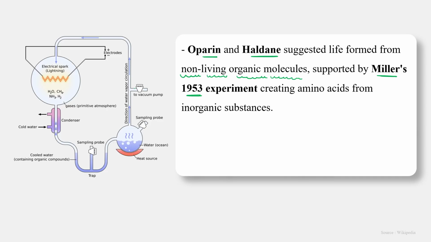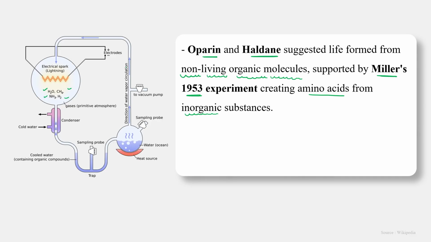Later on, Miller also supported this Oparin theory by creating amino acids from inorganic substances. How? Oparin and Haldane suggested that on the primitive earth there were many water vapors, methane, ammonia, these types of inorganic gases, and many lightning conditions.